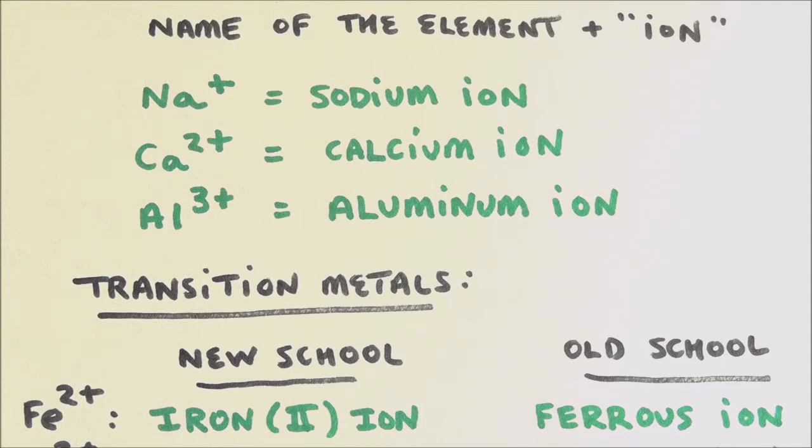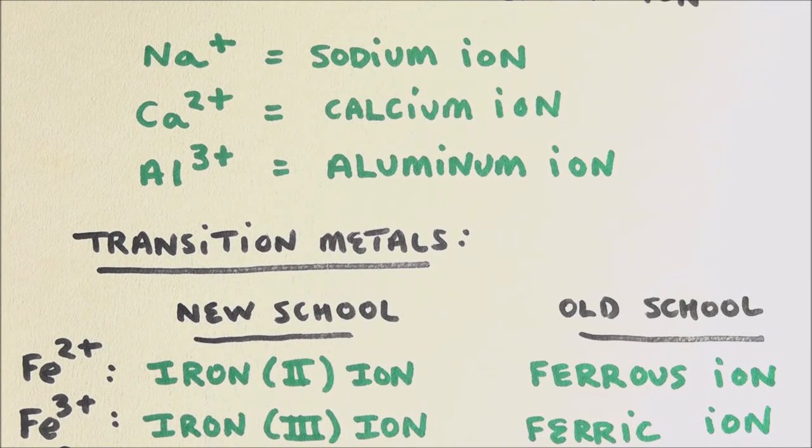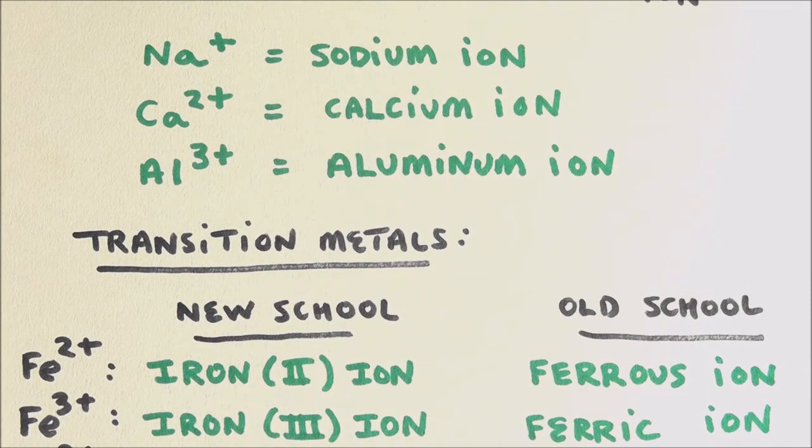The old school would be, you'd call it ferrous ion. And what does that mean? Well, there are different prefixes. I want to tell you the old school, but the new school way is way better. The iron charge that is in rust is iron 3+, and so we would just call that iron(III) ion. The old school way would be to call that ferric.